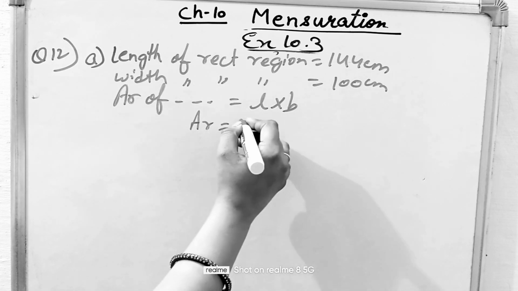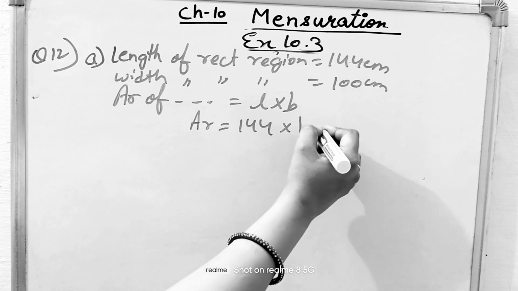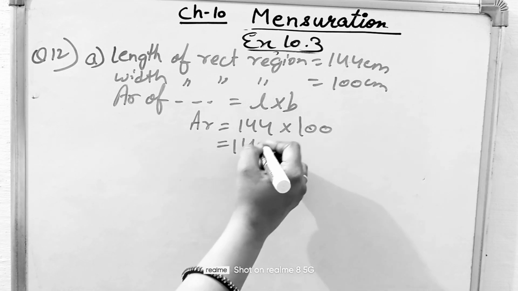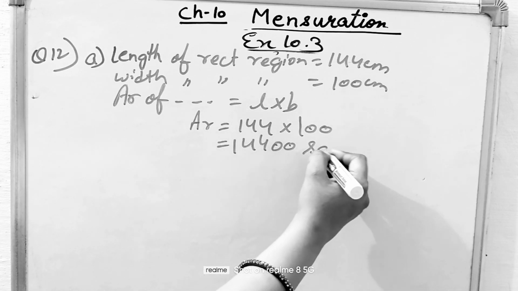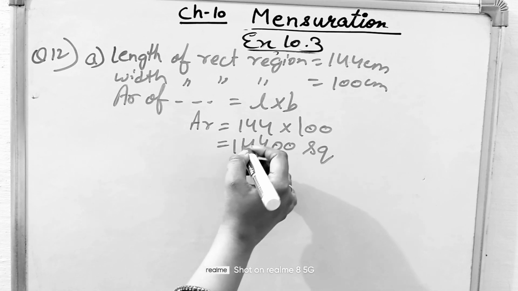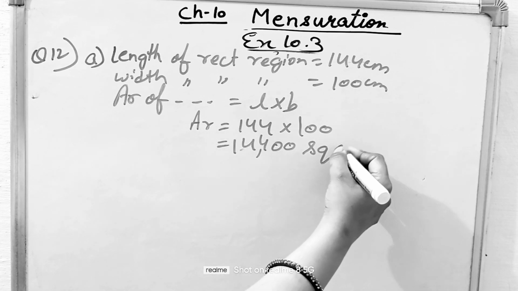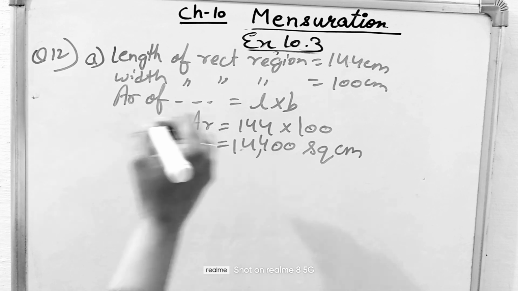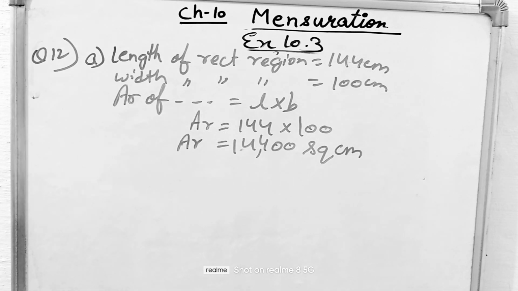So this gives you area by just multiplying the values. It is 14,400 square centimeters. This is the area of rectangular region where we have to fit number of tiles.